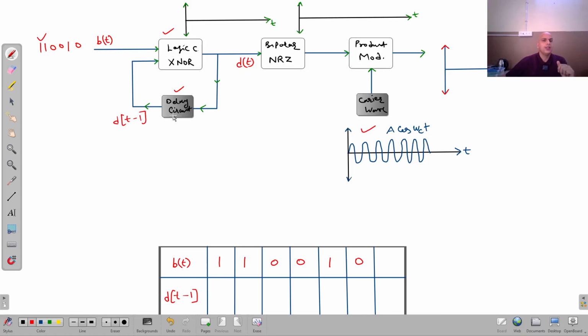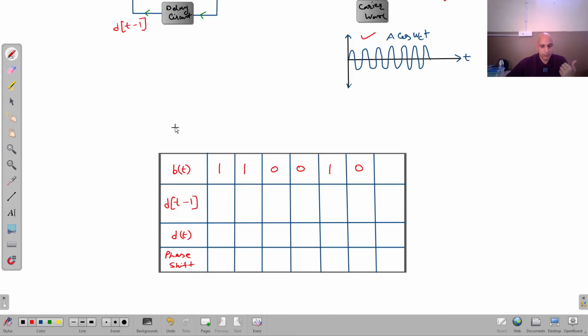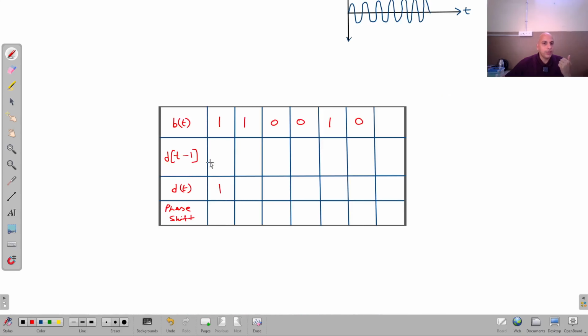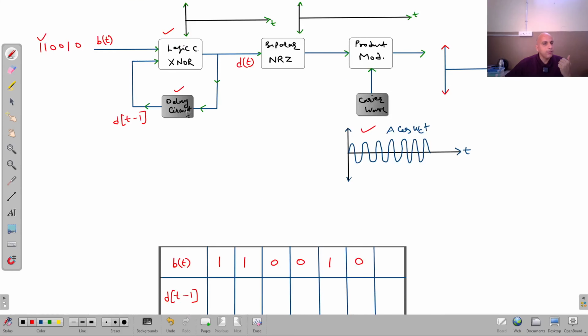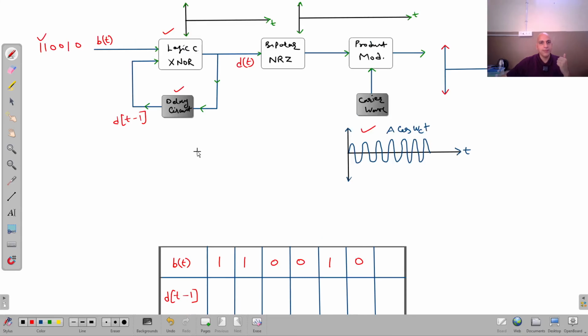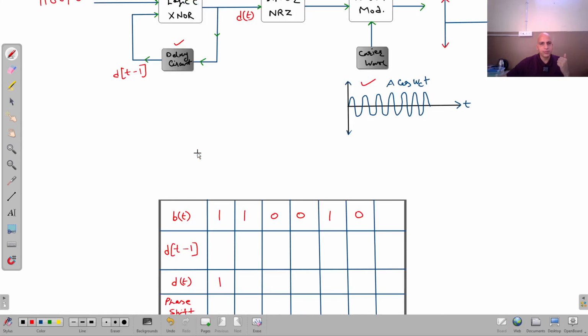Suppose the delay bit that we are using here is 1. The initial bit that was present here was 1, so that will be present here because we are starting from here. So d(t minus 1) will obviously be 1.